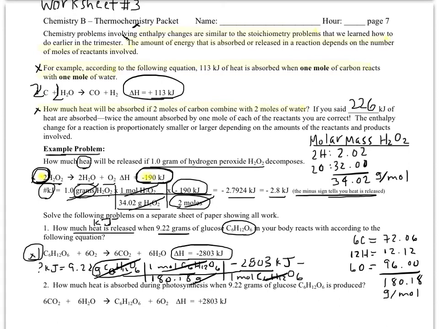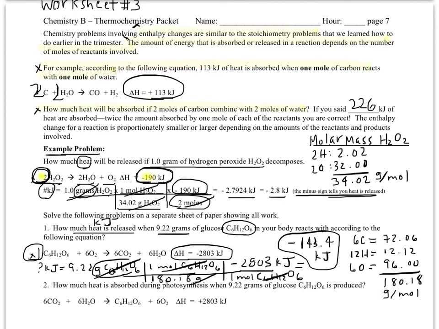And so now if I go ahead and do this calculation, I'm going to put in 9.22 times negative 2,803 divided by 180.18. And, sorry, this is squished. I get negative 143.4, I'll just round it, kilojoules.